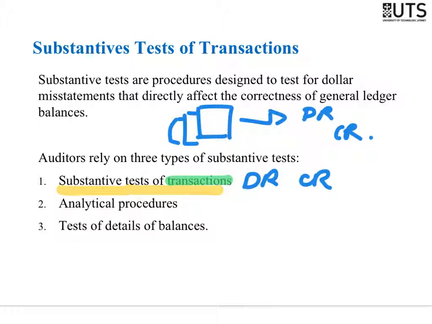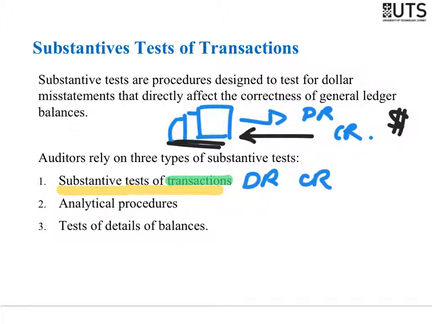Now, listen very carefully. If I'm looking at a particular journal and I want to make sure that this journal was correctly recorded, so the dollar amount, for example, is correct, I then say, okay, I'm going to check this by verifying it back to the supporting documentation.